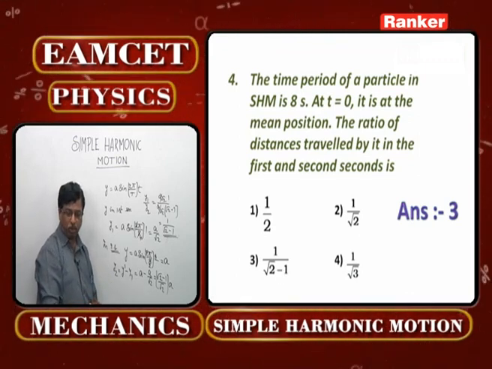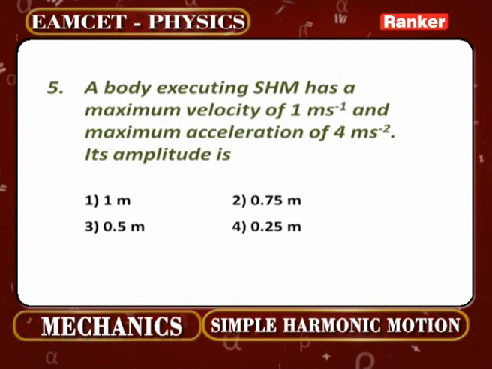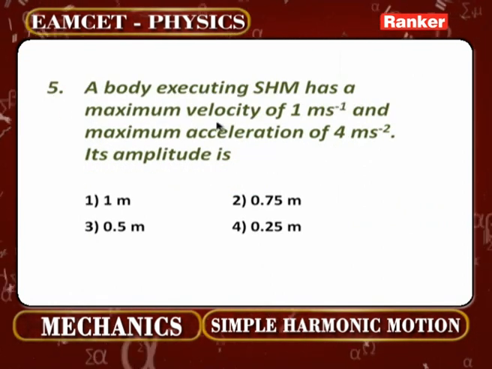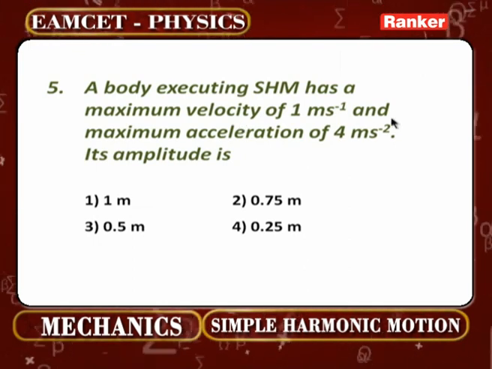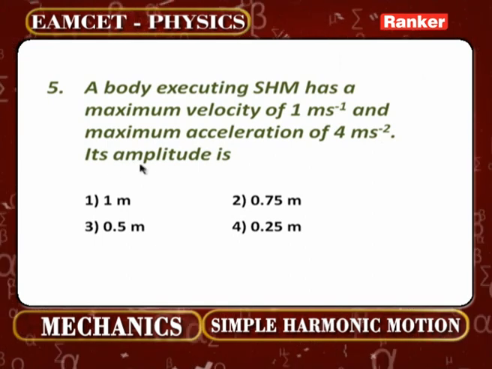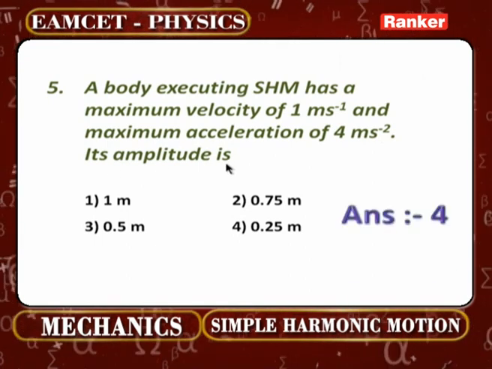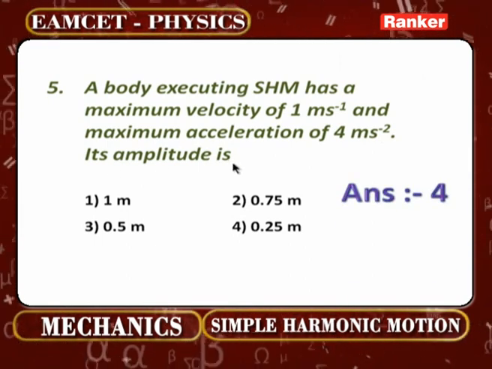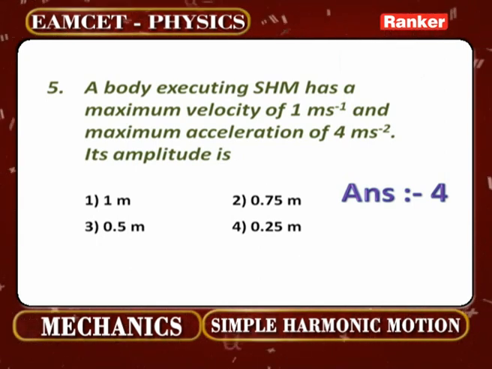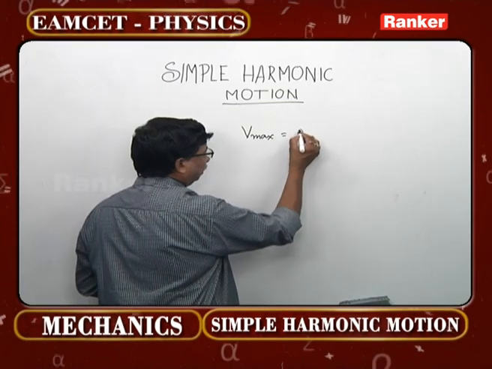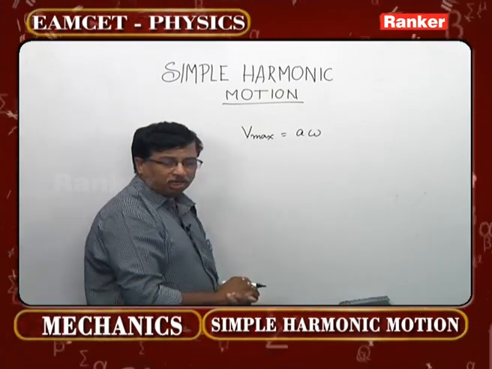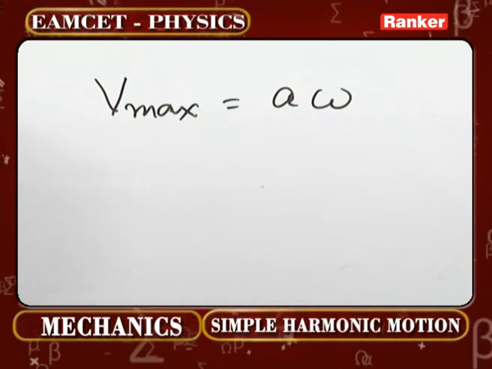Now check the next problem, problem number 5. A body executing SHM has a maximum velocity of 1 meter per second and maximum acceleration of 4 meter per second square. Its amplitude is how much? When a particle is in simple harmonic motion, its maximum velocity can be represented by the formula A omega, A being amplitude and omega being angular frequency of the body.